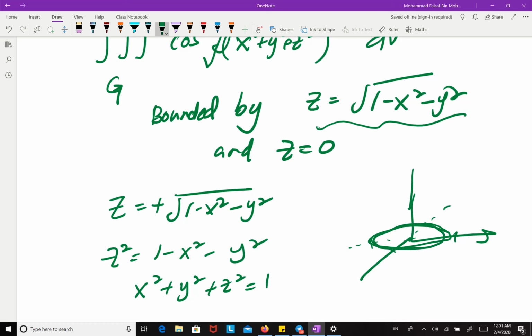This is the bottom part. If you extend this, here also 1 on z, x and y. Then you just merge all the points, and you get the hemisphere.